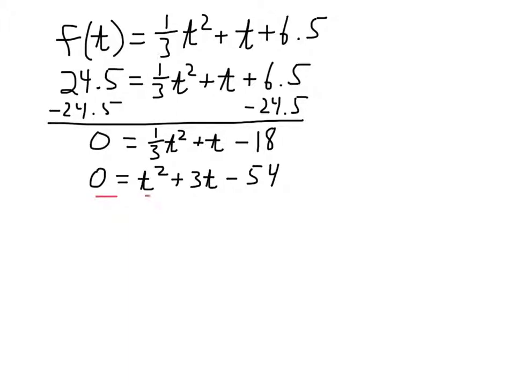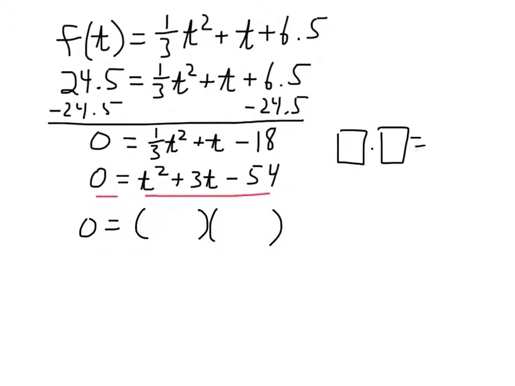So now I have a 0 on one side, which is good. And so now I want to try to factor this other side. Now luckily that's a trinomial, and that's the simpler kind because there's just a coefficient of 1 in front of that t squared. So we should be able to write that FOIL problem down immediately. We just need to find two numbers that multiply out to equal -54 and then add up to 3.